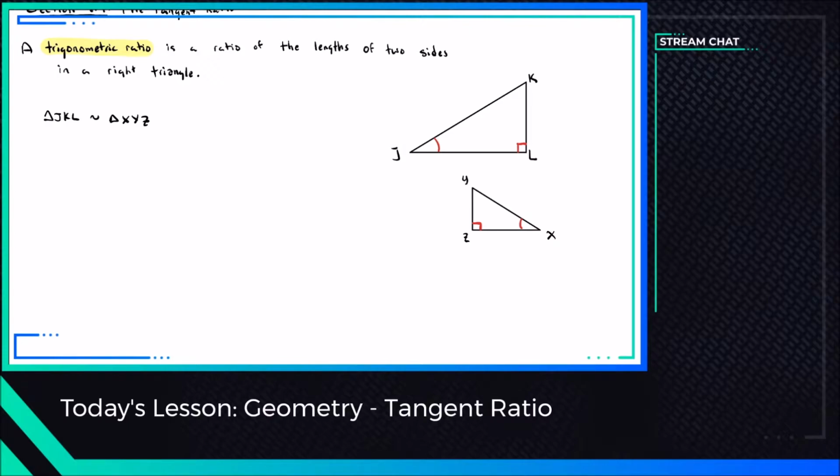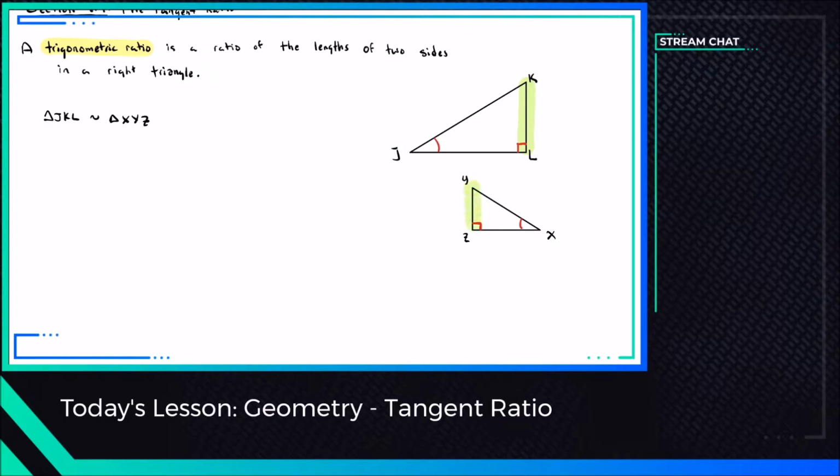And so if we look at these, let's look at the leg KL. So look at K to L. Let's look at the leg KL. What leg corresponds to KL?